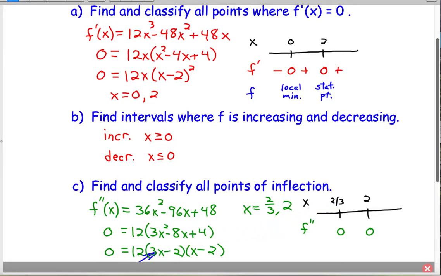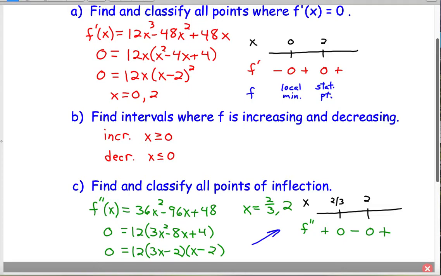If I plug it in here, this is going to be a negative quantity, and this will be a negative quantity. Negative times a negative is a positive. So f double prime is going to be positive on that interval. Okay, let's pick a number from 2/3 to 2. How about 1? That's a negative, that's a positive. We're going to get a negative on that interval. And then if I pick a number greater than 2, I'm going to get everything positive.